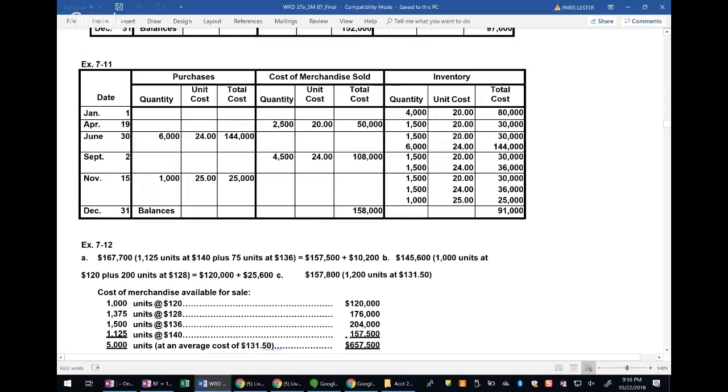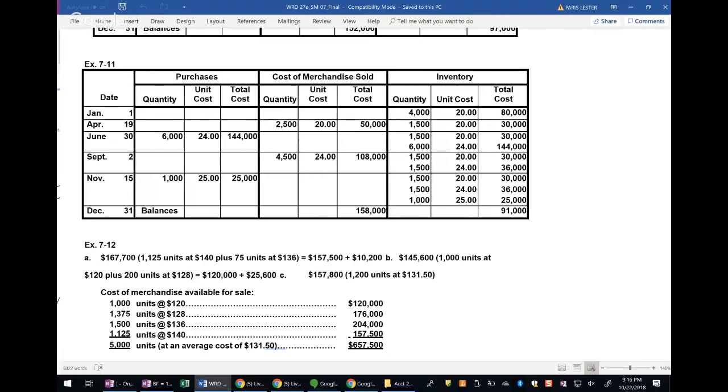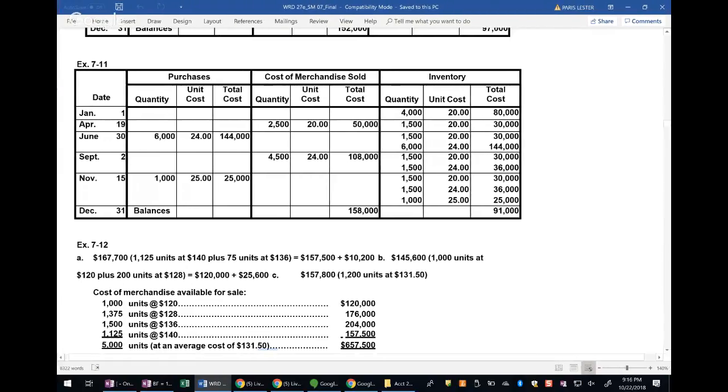This one was 157.5, and this one was 145.6. And now the average, that's 157.8.